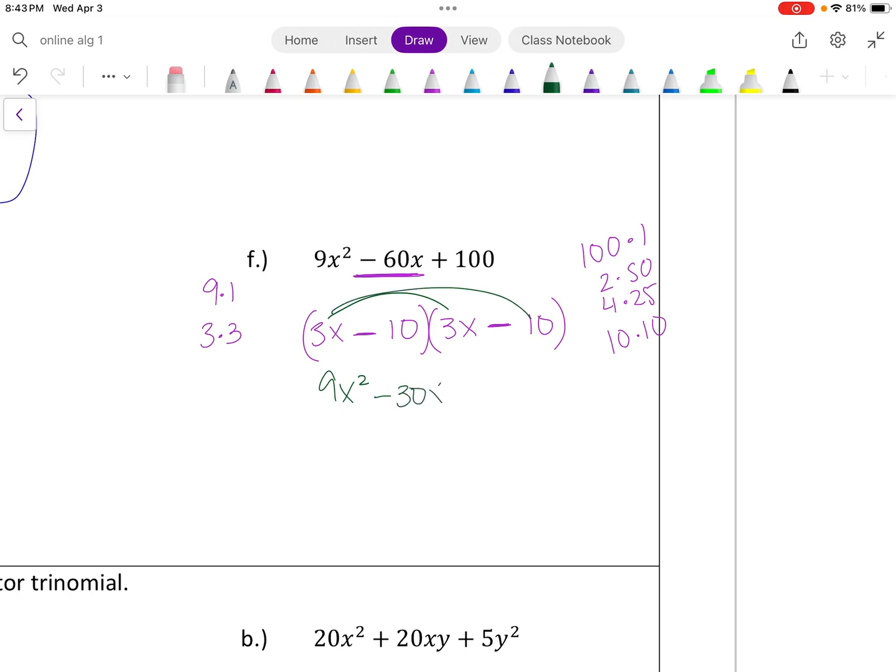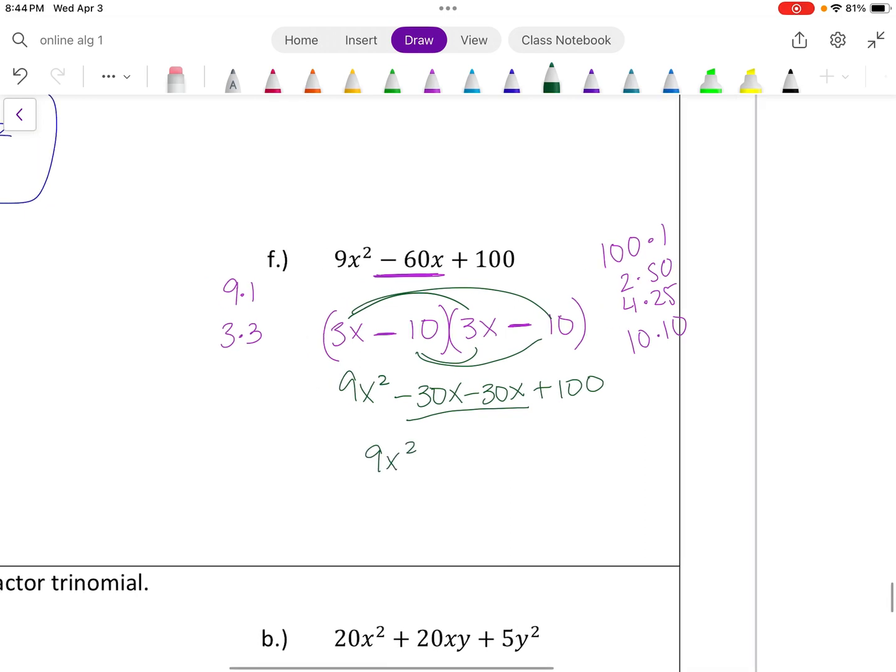3x times negative 10x is negative 30x. Negative 10 times 3x is negative 30x. Slow down here just a second. Negative 10 times negative 10 is positive 100. Now we're cooking. Negative 30x minus 30x, there's my minus 60x.